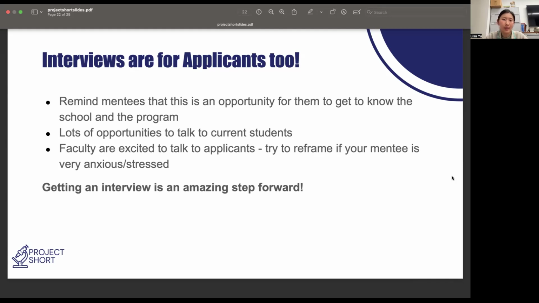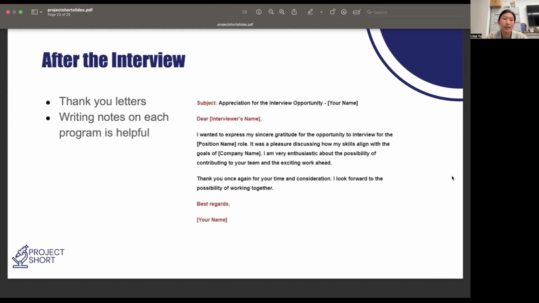And then the last note is that after the interview, we recommend that your mentees send thank you letters within 24 hours after the interview. So this would be to the people that interviewed you and perhaps also to someone who coordinated the interview process. Those would all be appropriate people to send thank you letters to.